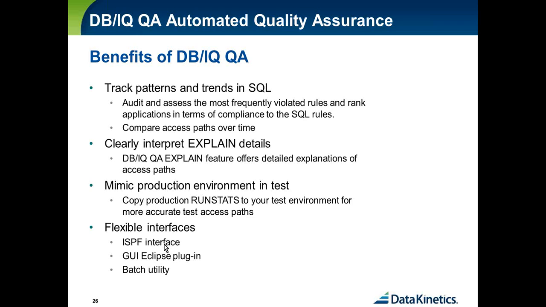You've also got an ISPF interface as well as a GUI Eclipse plugin. So if you want, you can purchase the optional GUI Eclipse plugin to allow folks who aren't comfortable with the traditional mainframe green screen interface to interact with and benefit from QA and its rules. There's also a batch utility that can be used to apply to batch processes.